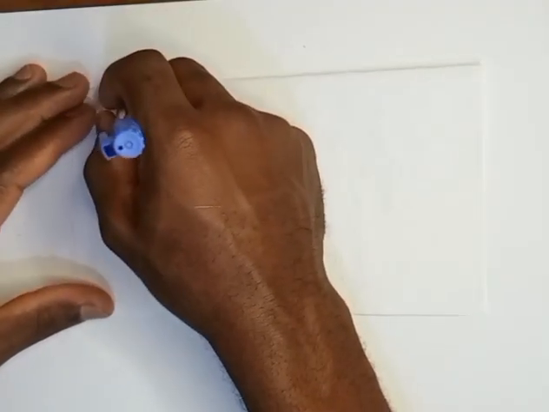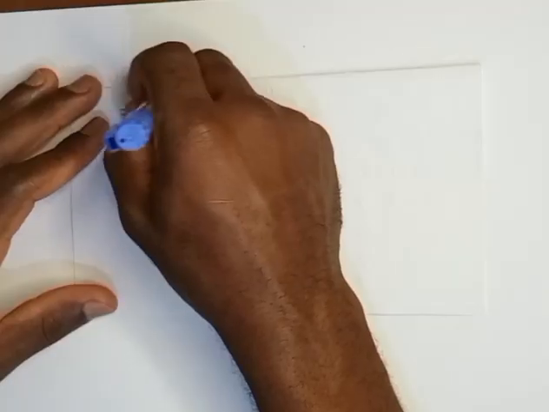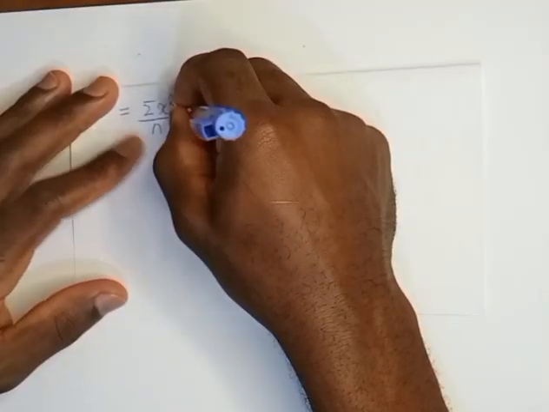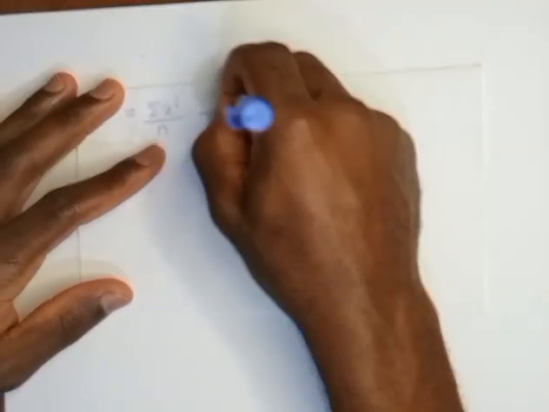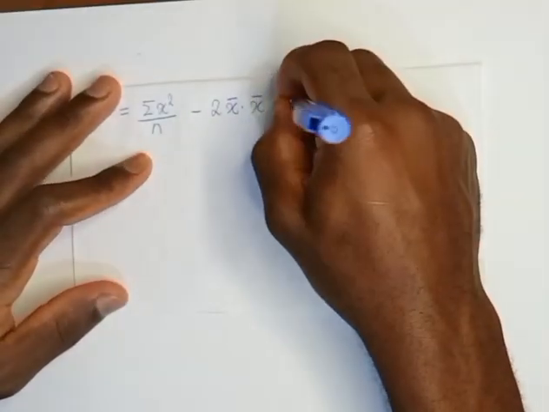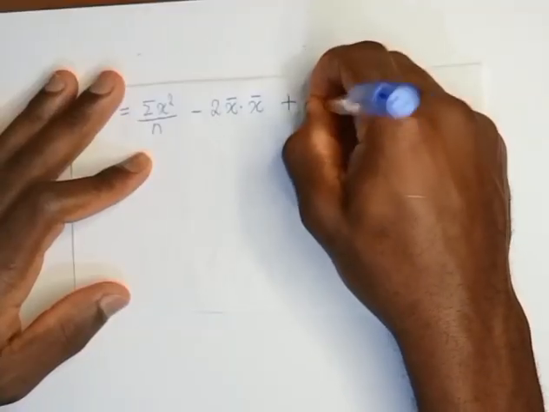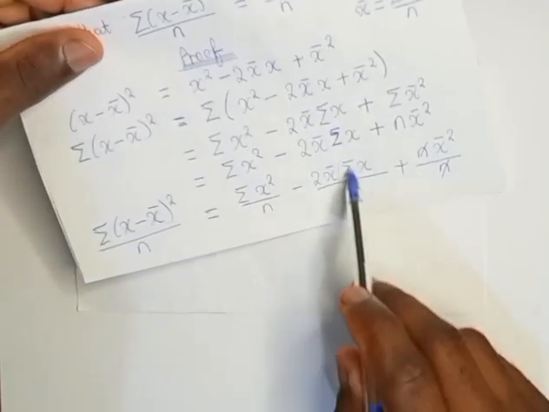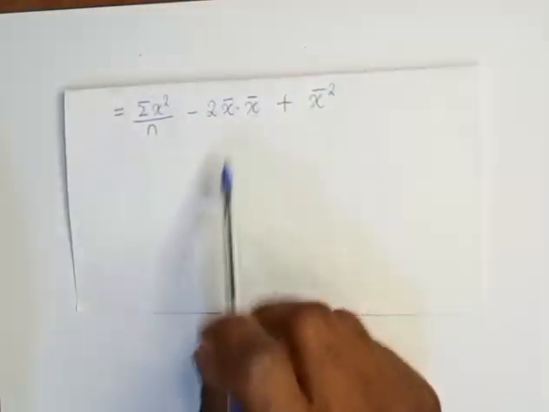This will simply be equal to summation x squared all over n minus 2x bar times x bar plus x bar squared. When you replace x bar, this with x bar gives you this.